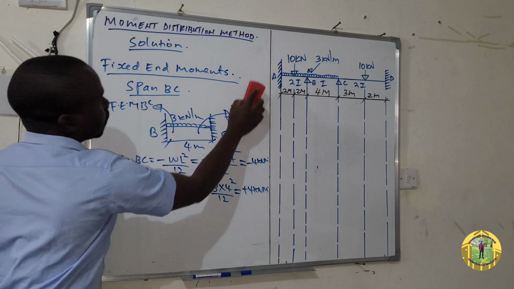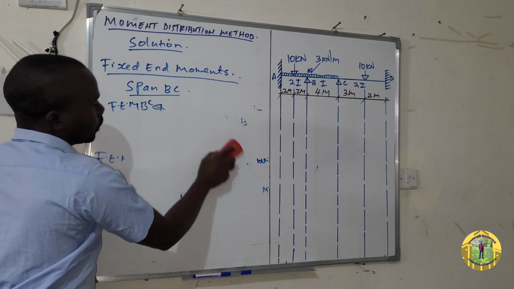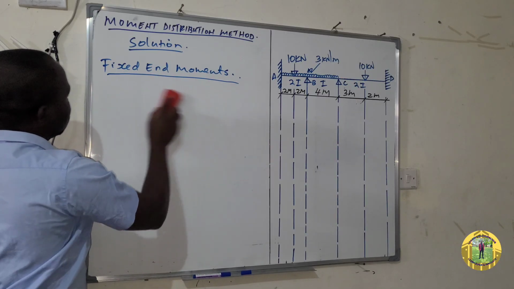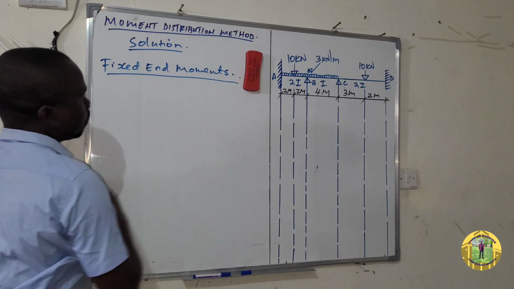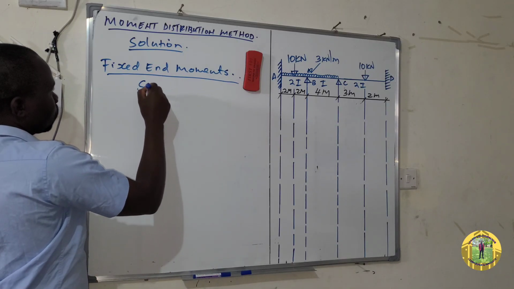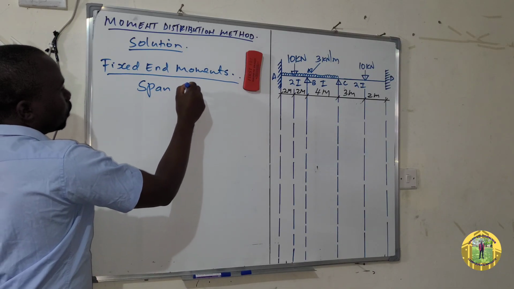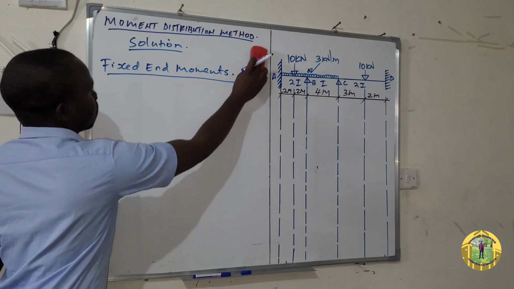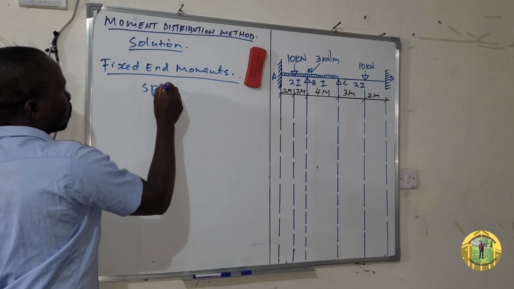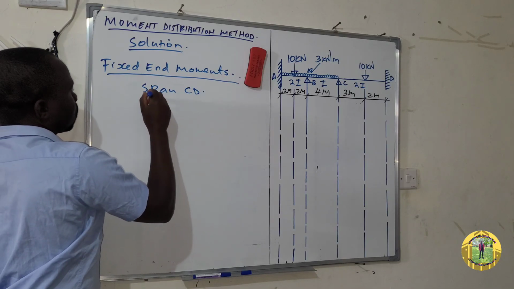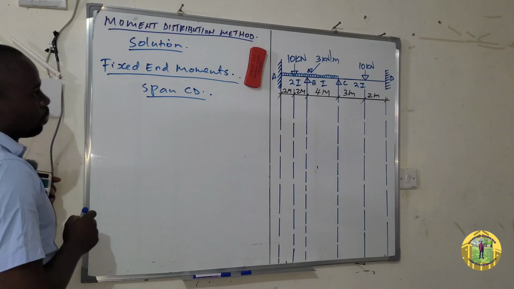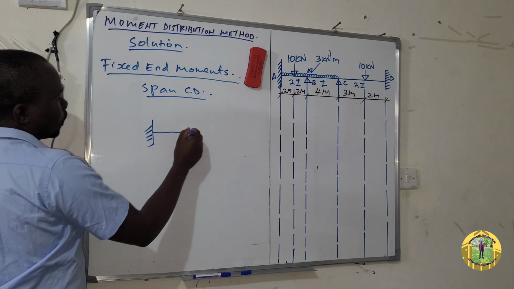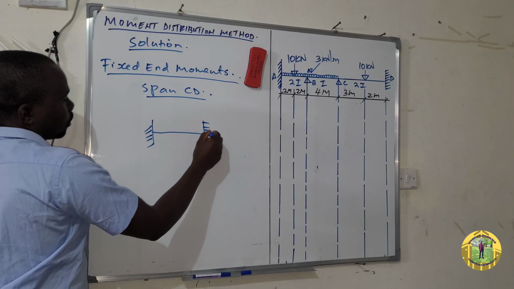We proceed to span CD. So for span CD, we assume the end supports are fixed.